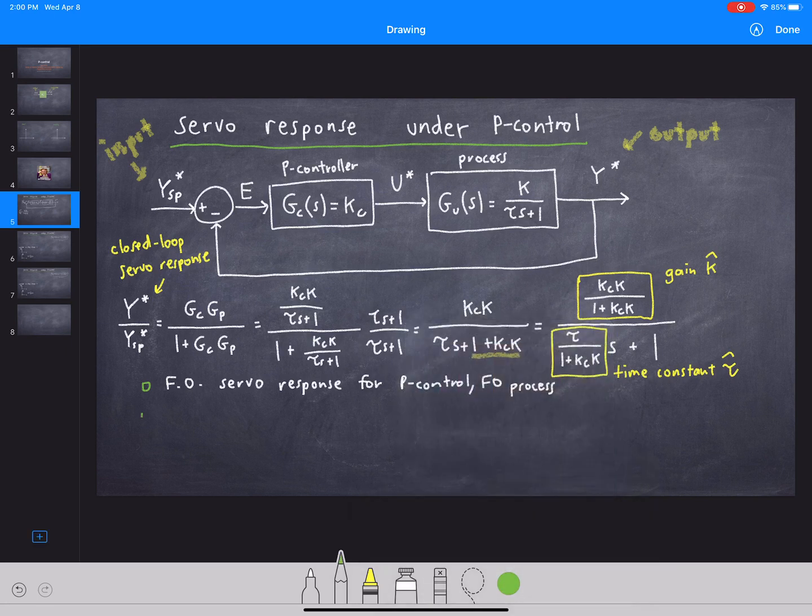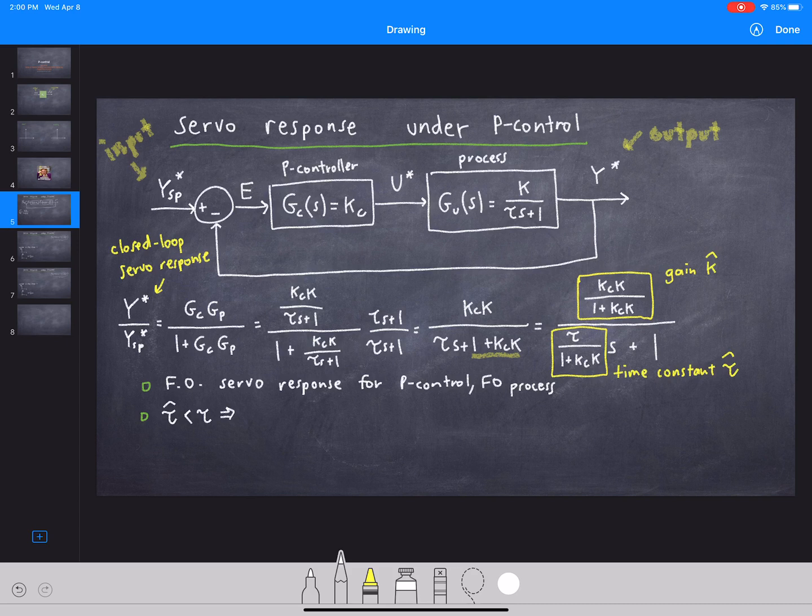The other thing to note is that the response tau hat, the time constant in the response, since you're dividing by a number here, 1 plus KC K, and we'll later argue that KC K has to be positive based on the sign of the gain in a future lecture, this is actually smaller than tau, okay? Because you're dividing it by a number that's greater than 1. And what that implies, so mathematically, what that implies is that the time constant for the servo response is smaller than the time constant of the process.